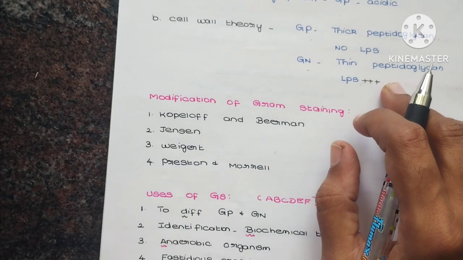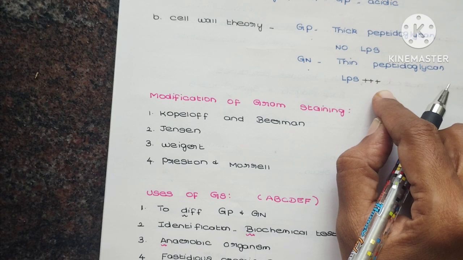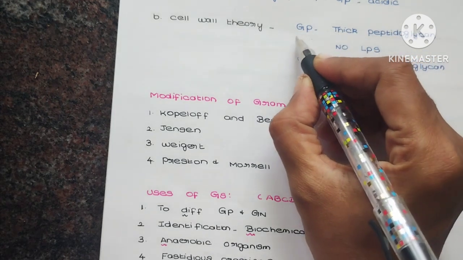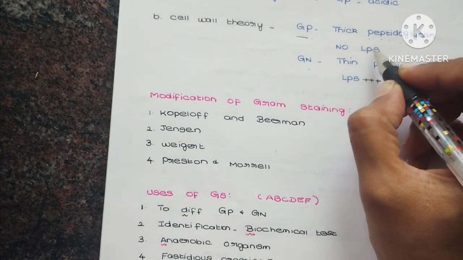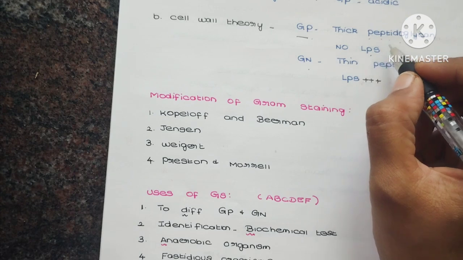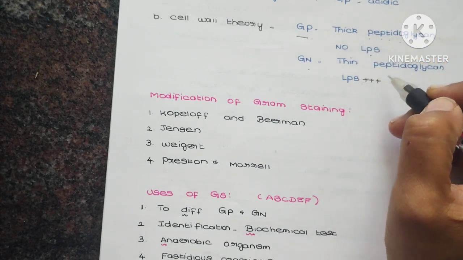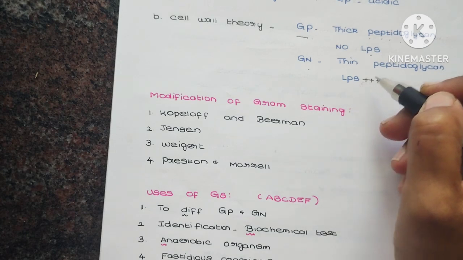The third step is the acetone we will be adding for decolorization. At that time the gram positive, because of its thick peptidoglycan and no lipopolysaccharide, won't allow these complexes to come out of the cell wall. Whereas the gram negative has a thin peptidoglycan and lipopolysaccharide will be there.